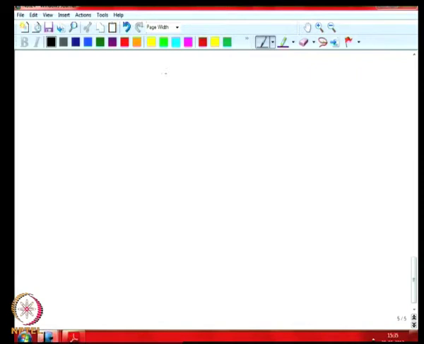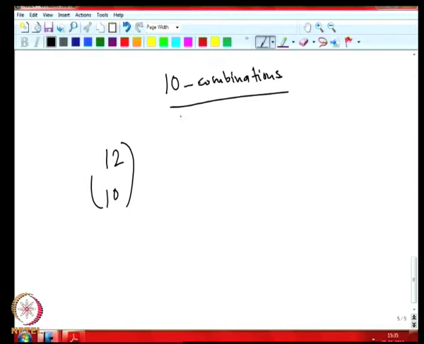We take that as the universe: all possible 10 combinations when there is no restriction on the repetition numbers. As we have seen, that is 12 choose 10. We applied the formula r plus n minus 1 choose r, where r equal to 10, n equal to 3. So this is the cardinality of the universe.